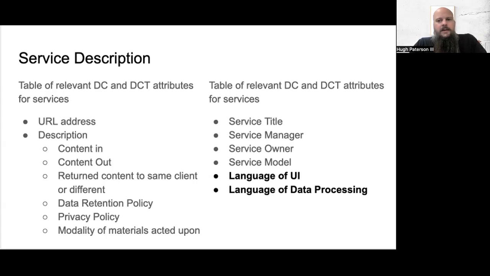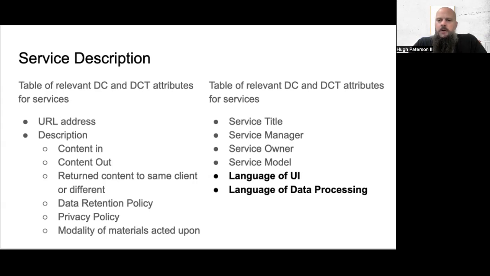So I think a good service record might have some things like a URL address, a description for the content in and out, and returned content to the same client or different client, data retention policy, a privacy policy, modality of materials that are acted upon.